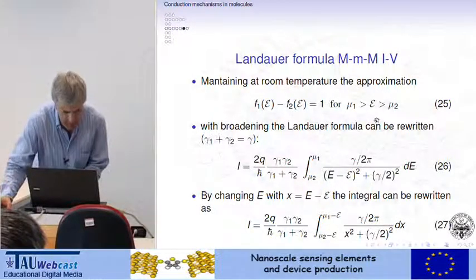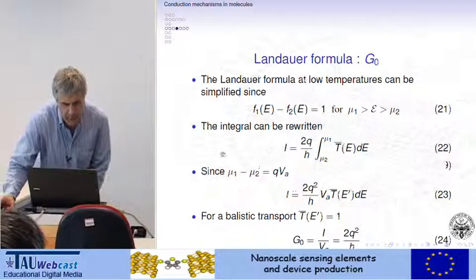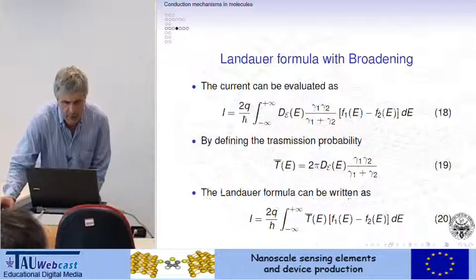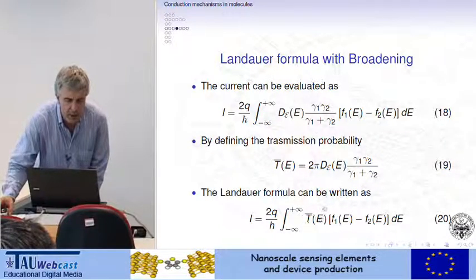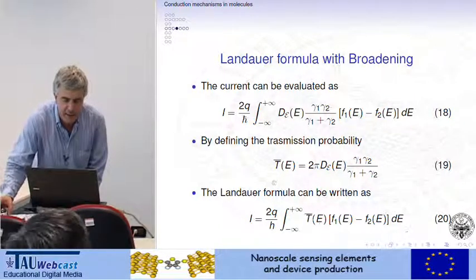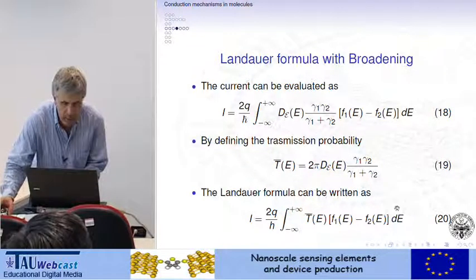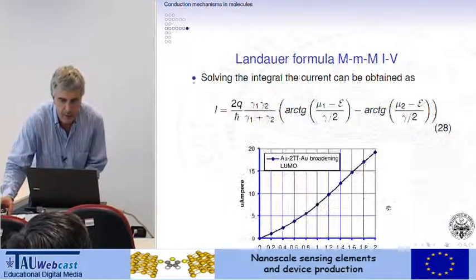In other words, in this formula, we can substitute this transmission with a transmission that contains more than one level, and the integral can evaluate the total current, obviously knowing how the spectrum is.